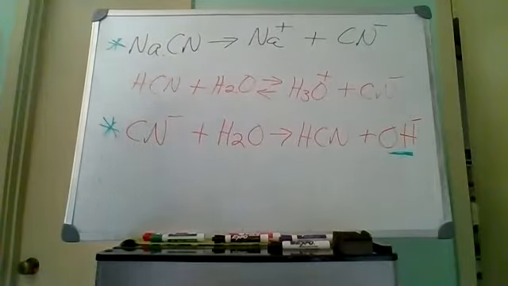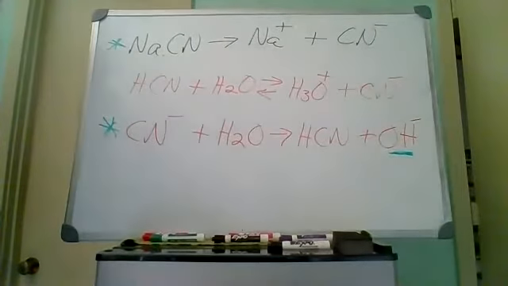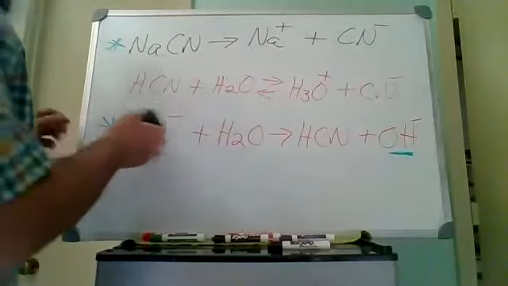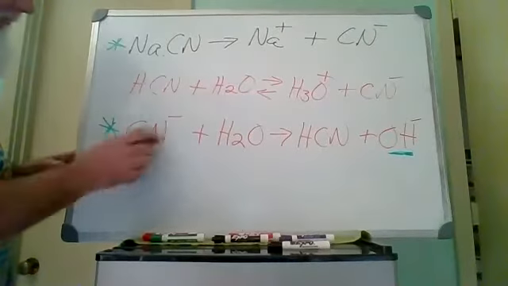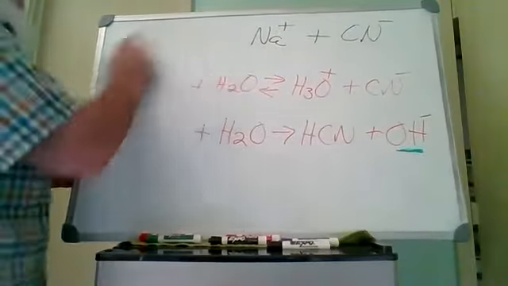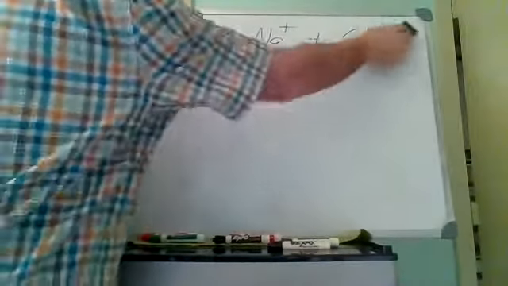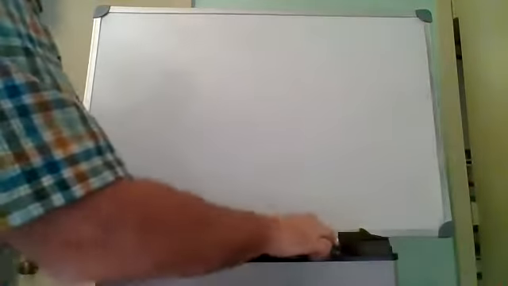Okay, let's look at the opposite effects. Any question or comment there? How about if we have a salt from, let's say, well, do they have an example in the book? Yes, they do.